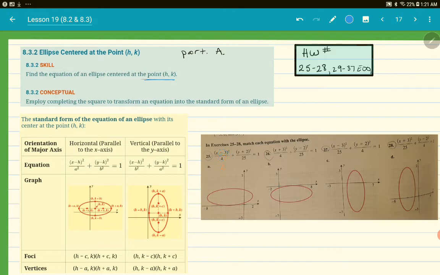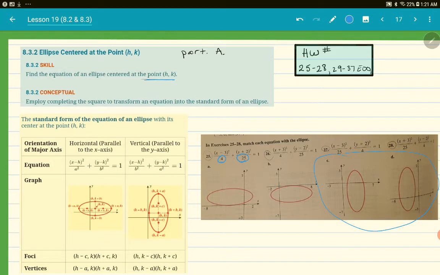So the (h, k) is that shift. I can see here that the 25 is bigger than the 4, so that tells me this is going to be elongated in the direction of Y, the vertical. The major axis will be vertical. So it's either going to be C or D.